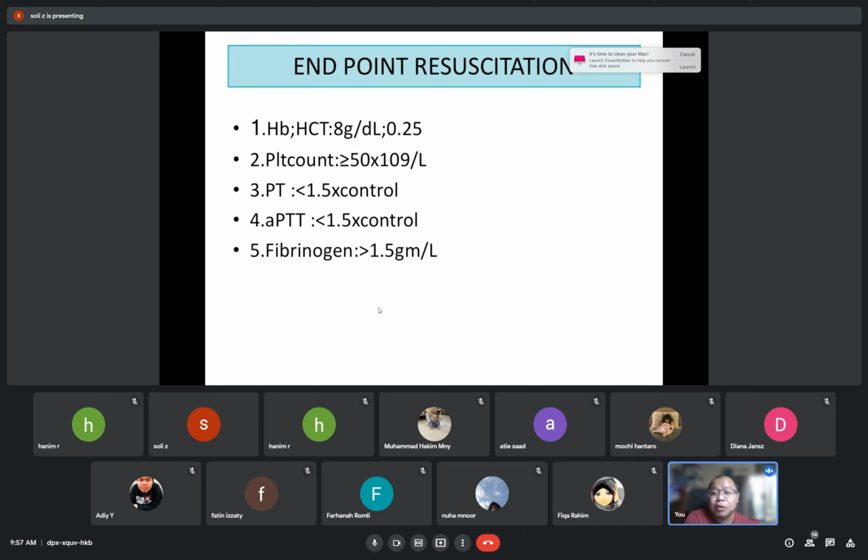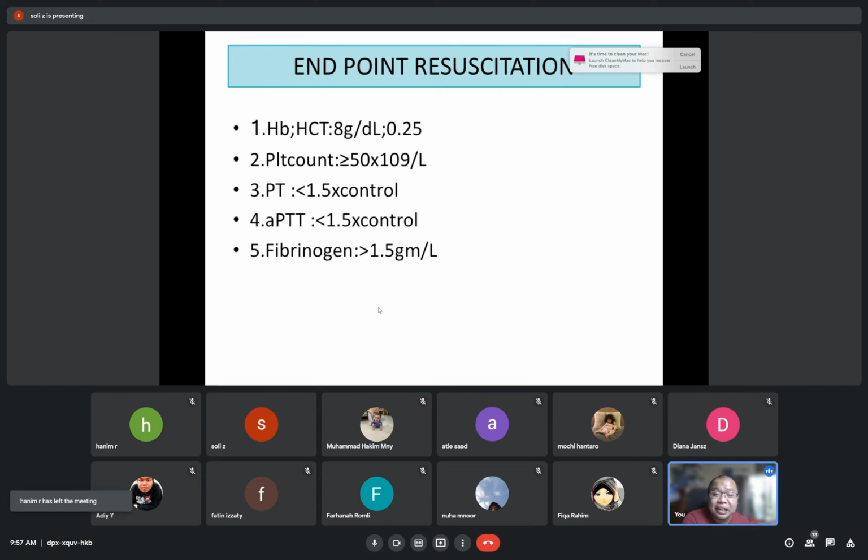Bukan maksudnya, oh dah sampai these values, kita stop transfusion. Bukan, kita stop MTP tu. Then go back to the normal resuscitation lah. You may need to transfuse blood dan sebagainya kat patient, tapi you also need to stop the cycle of MTP tu lah. Bila dah sampai this value, stop MTP, stand down, resuscitate macam biasa.